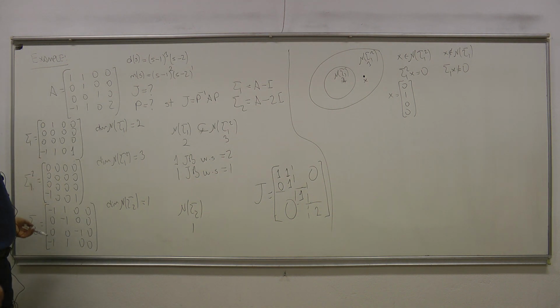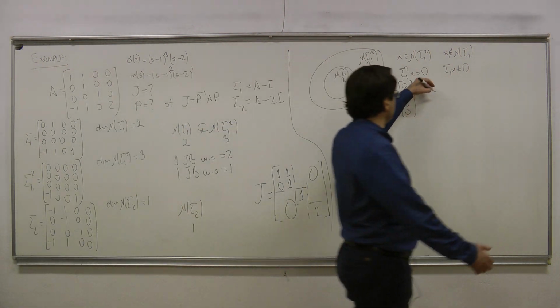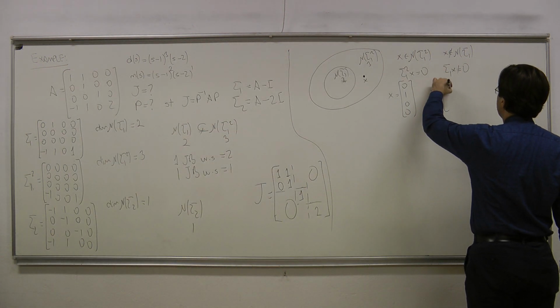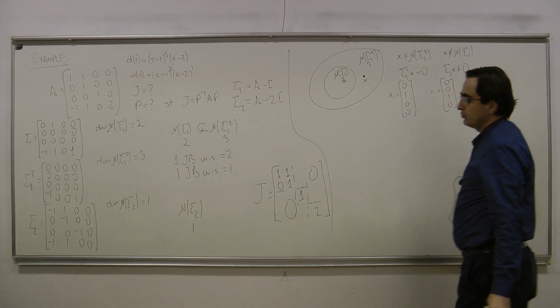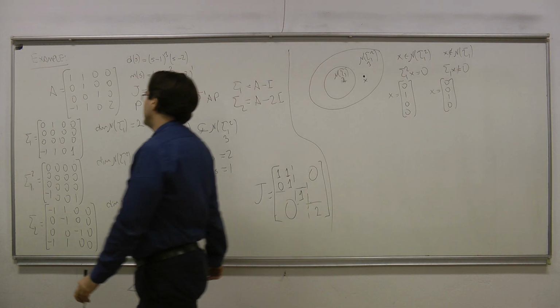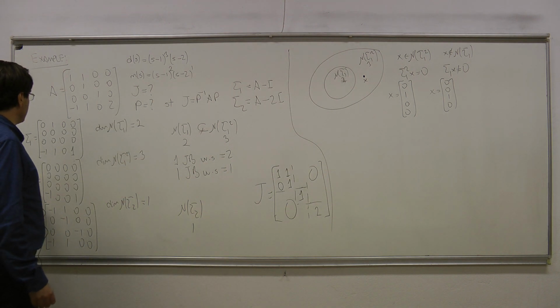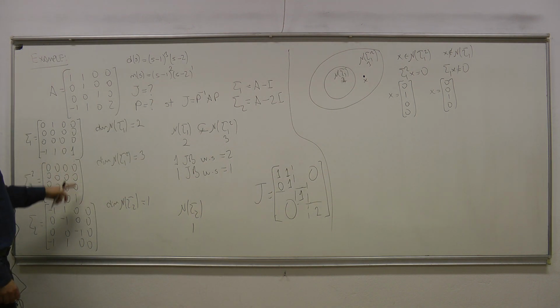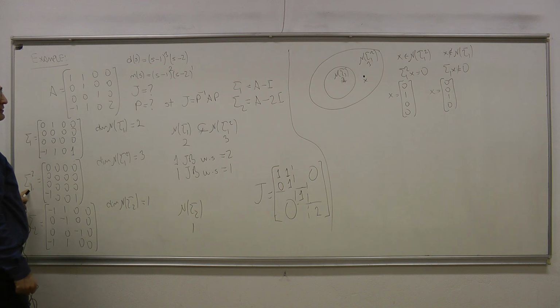I can find one more vector that would be inside the null space of this one, but not inside the null space of this one. So for example, can you choose x as follows: 0, 0, 1, 0? When I multiply it with this matrix, it gives me 0 as the result, and therefore that second vector x, 0, 0, 1, 0, is inside the null space of this one. But what about this one?